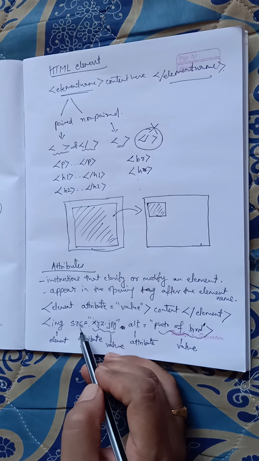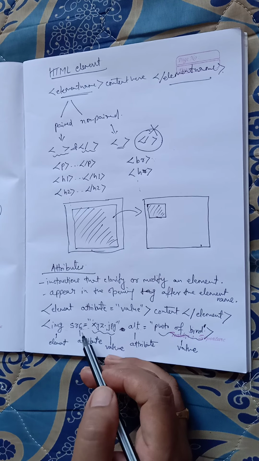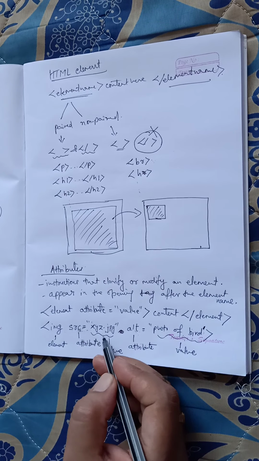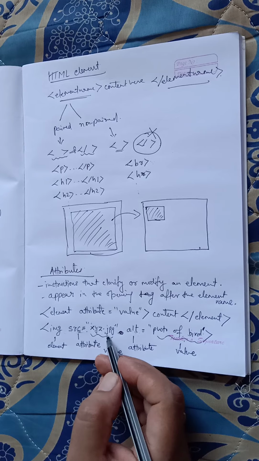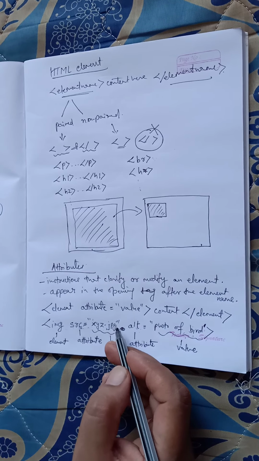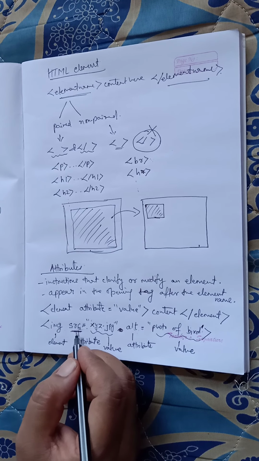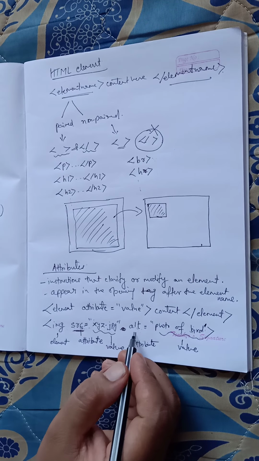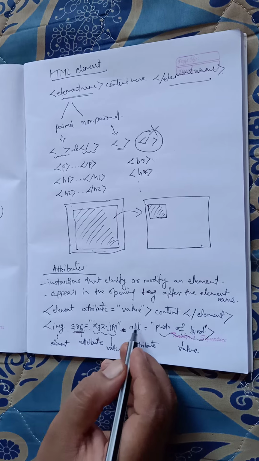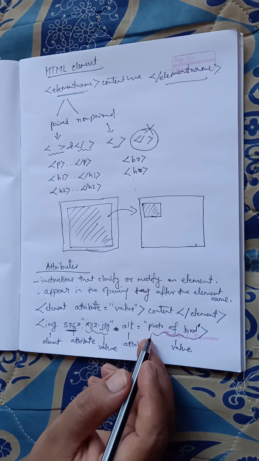Whenever I want to display an image, the image file name along with its path is required. Therefore for this element, this attribute is required. Alt is not required, but why do we write it? We will be discussing it.